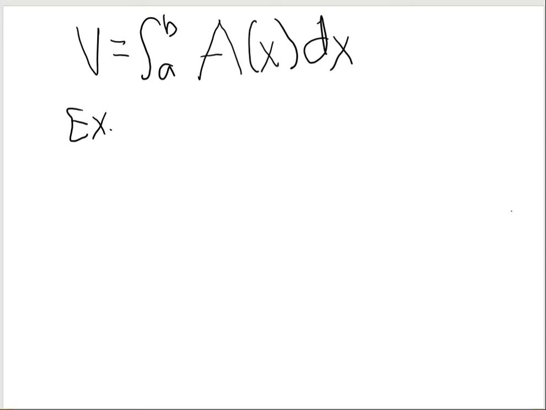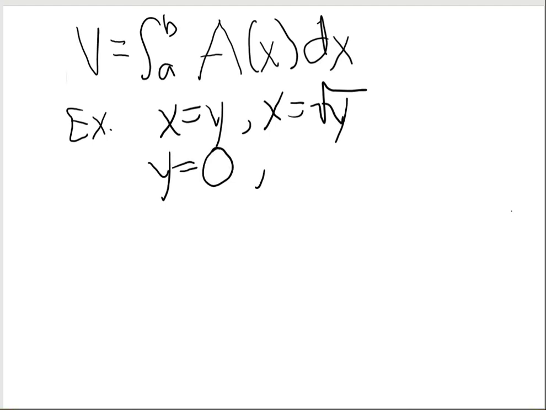So let's look at x equals y, x equals square root of y, y equals 0, and y equals 1, about x equals -1. So first of all, notice that I gave you two functions, so this is looking like it's going to be a washer method.